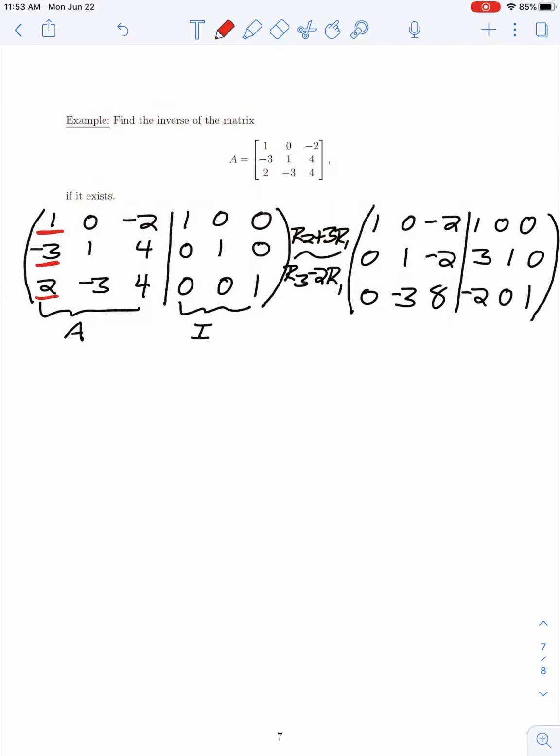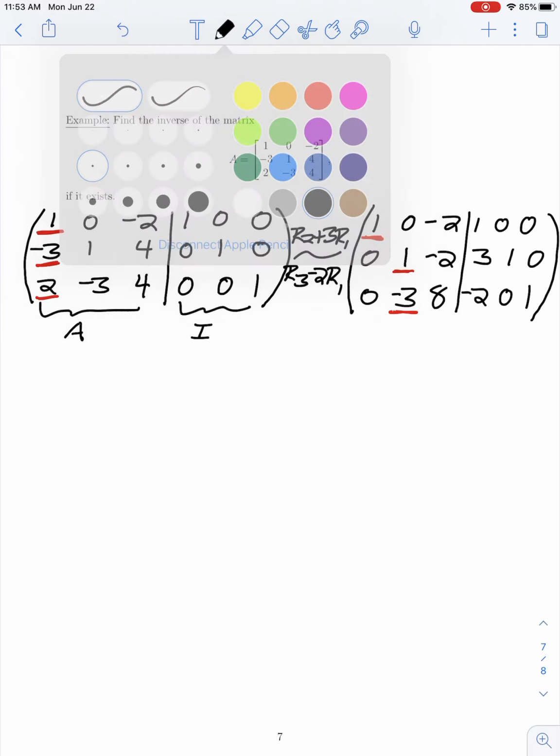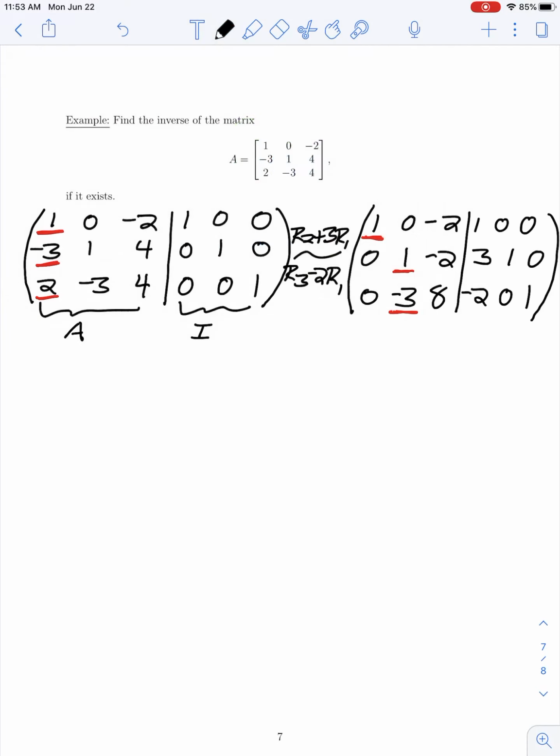So now for the matrix A, we've row reduced it to where we have a 1 as our lead coefficient in the first row, zeros below it, and a 1 for the lead coefficient of the second row with 0 above it, but we need to eliminate the -3 as the lead coefficient in that third row. So to do that, my next step might be to take row 3 and add 3 times row 2.